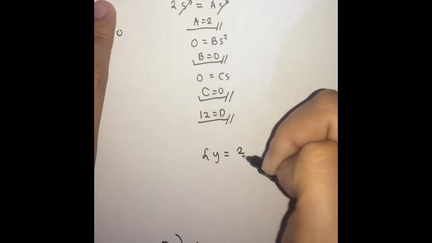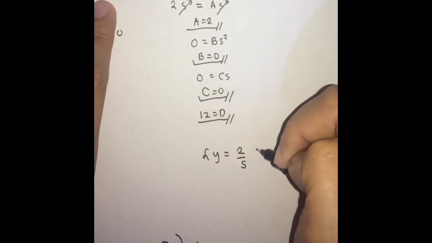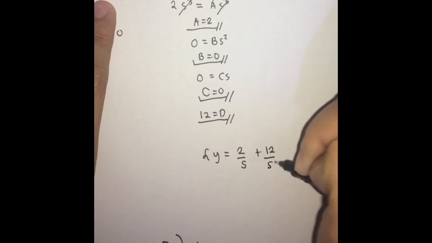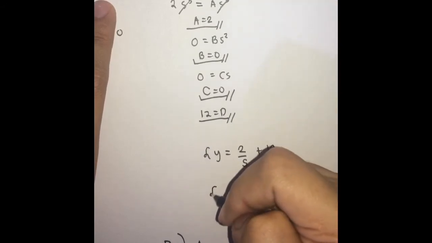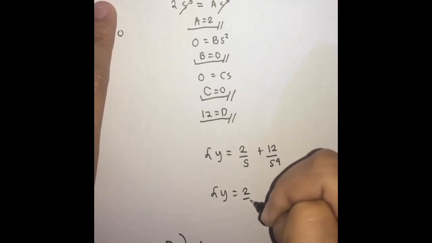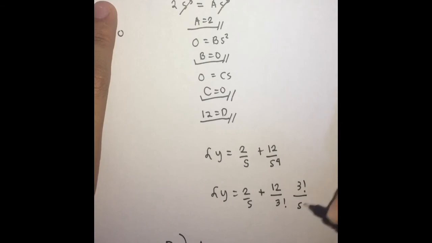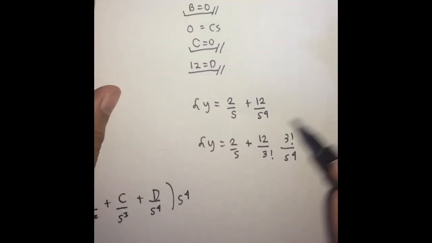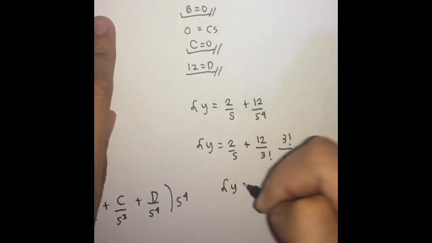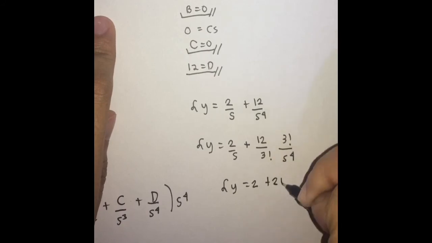After getting the values, you can substitute them into the equation and make it into an inverse Laplace transformation. And you will get the answer, which is y equals 2 plus 2t cubed.